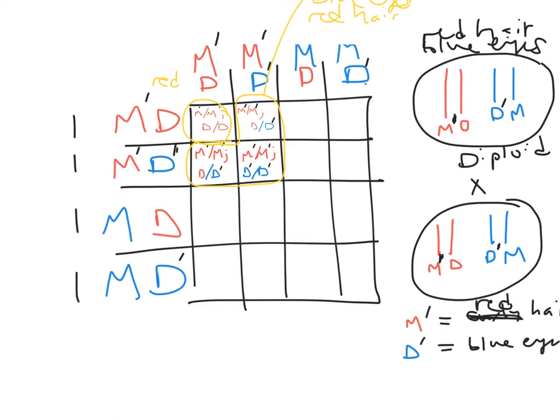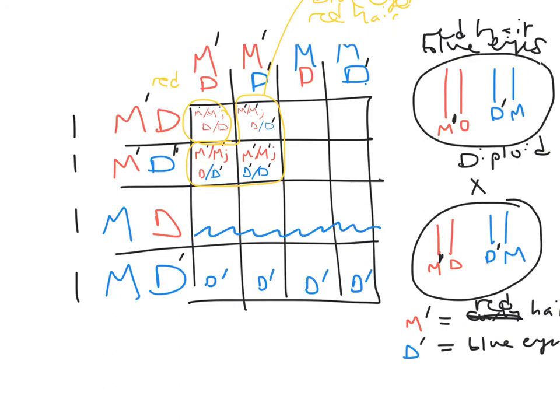So we've got D primes going all across here. Here we don't have the right D, so we're not going to get dominant phenotypes for eye color in that row.